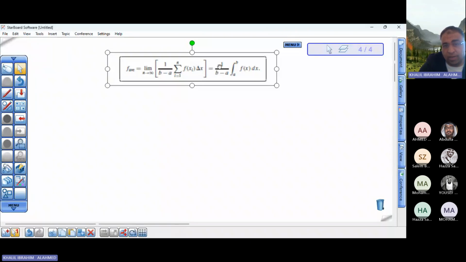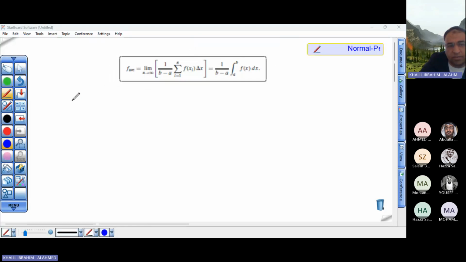The final formula is 1 over b minus a times the integral from a to b of f of x dx. So f average equals 1 over b minus a times the integral from a to b of f of x dx.